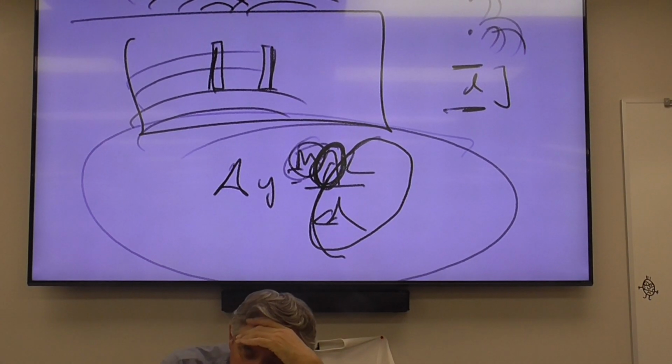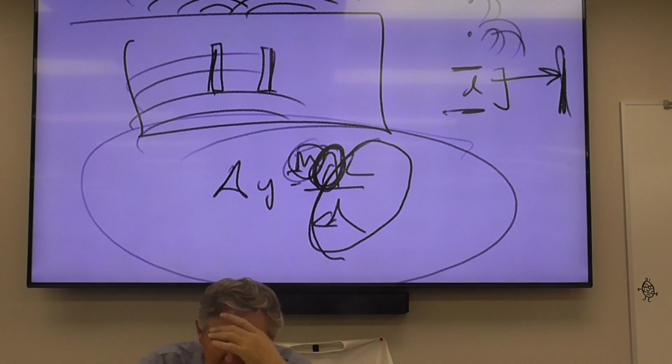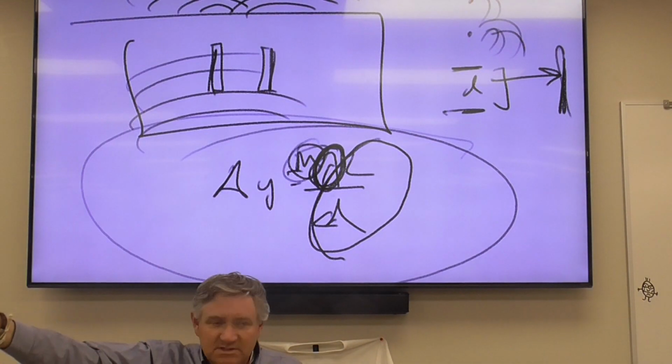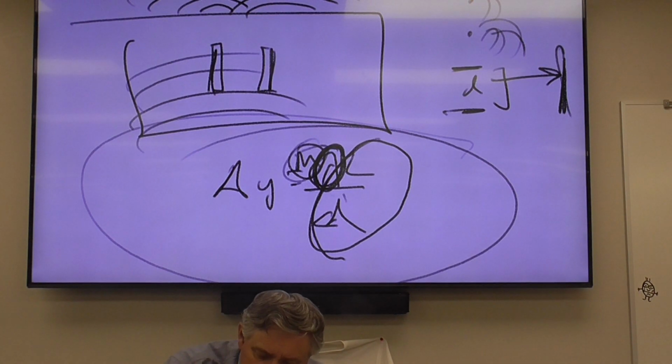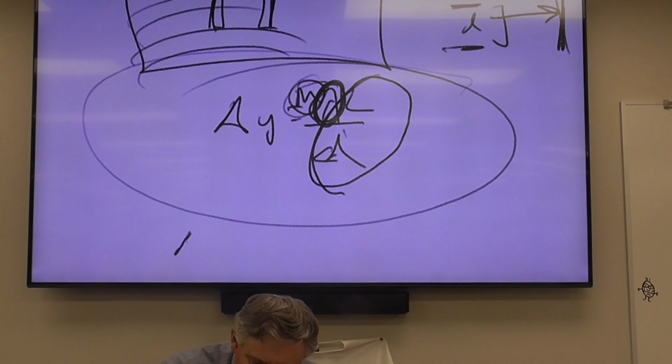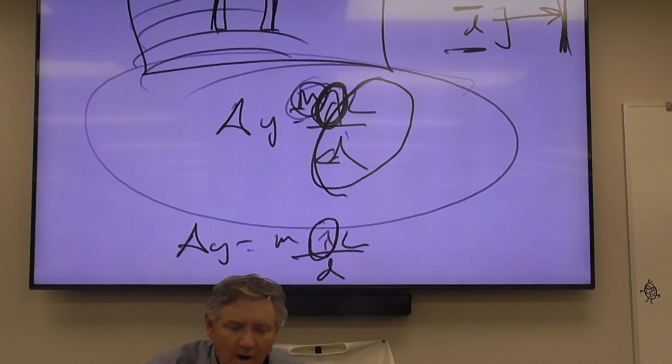So, L is going to be basically how far it is to what is receiving the signals. And then you've got your wavelength. So let me rewrite this. Here's the story. You immerse this in water.